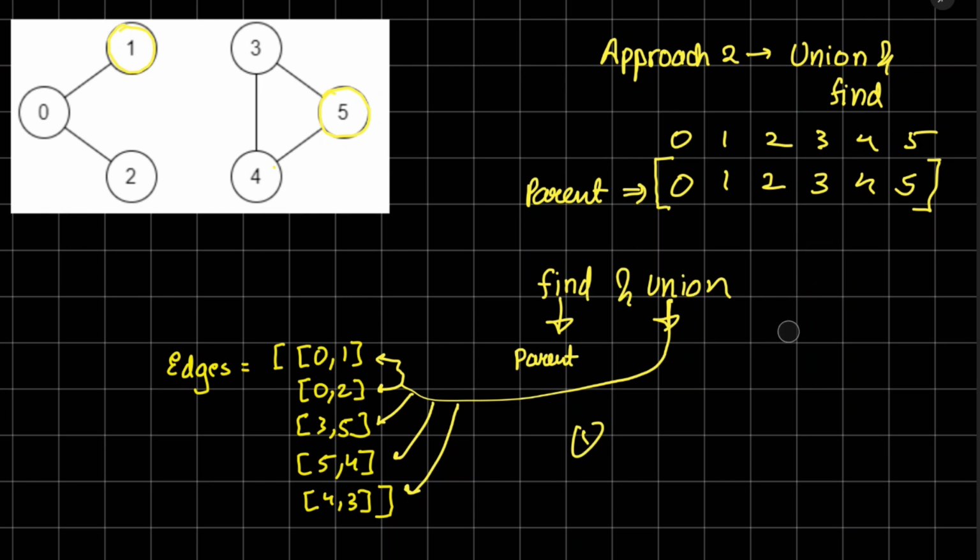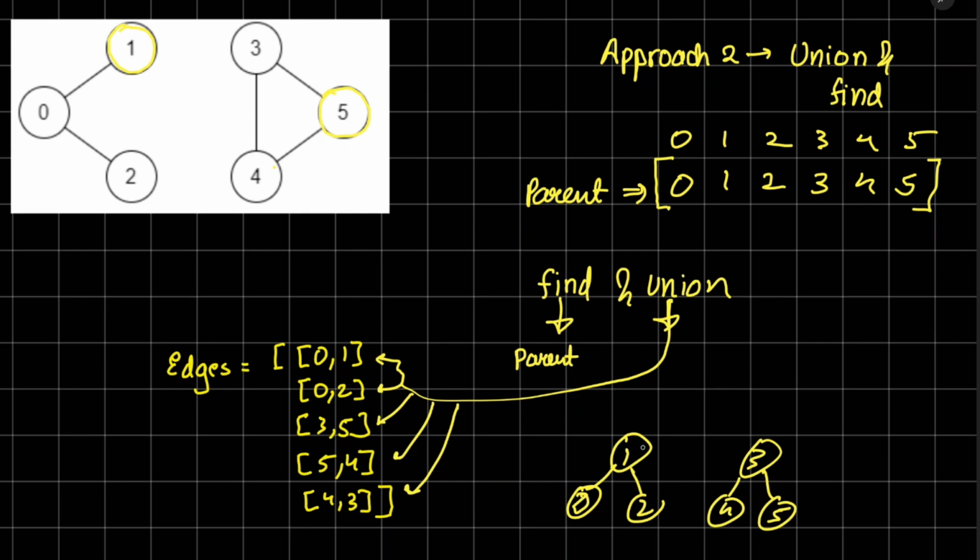For example, if we see the sets, we had trees like 1, 0 and 2, and here 3, 4 and 5. We don't require the rank vector here because we don't need to worry about which vertex we are making the parent. We can make any vertex the parent.